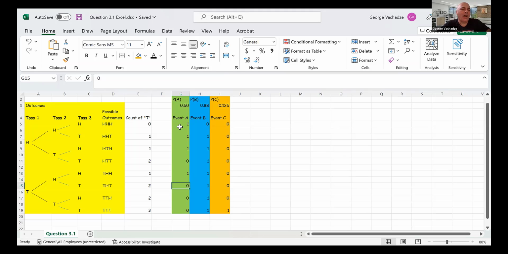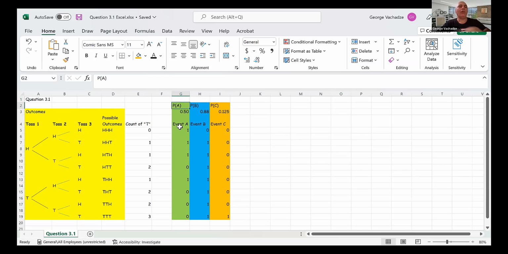In the other 3 outcomes, T occurs twice in outcomes 6 and 7, and in the 8th outcome, it occurs 3 times. So none of them support the occurrence of A. That's why I put 0s. Now, how do we calculate the probability of event A? We need the following function.